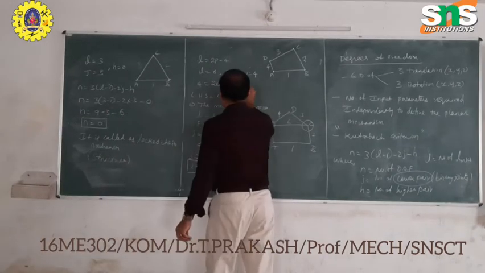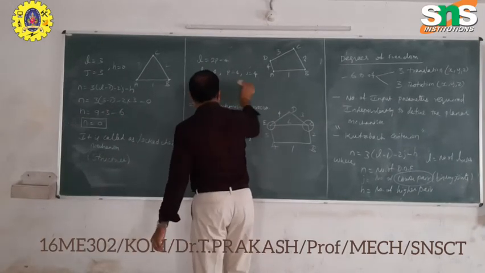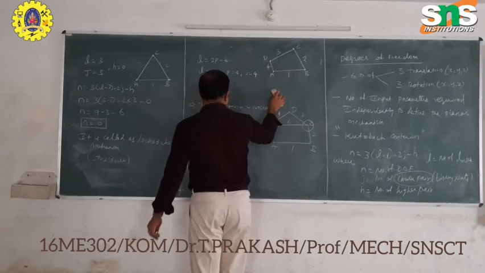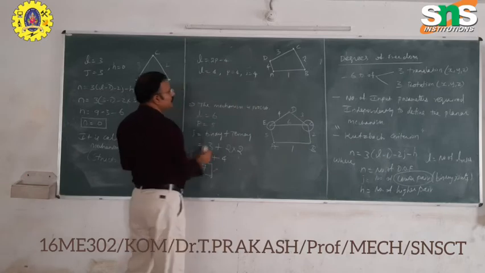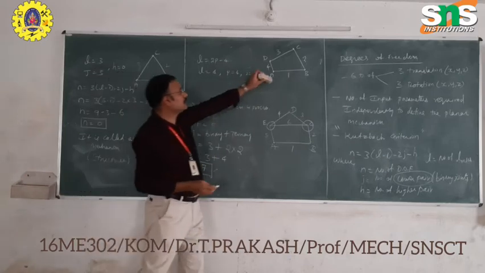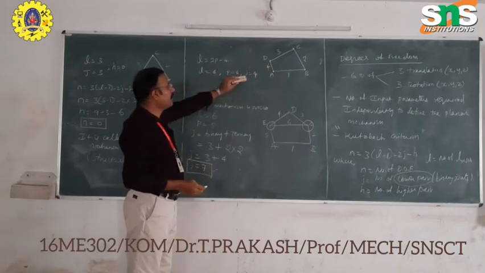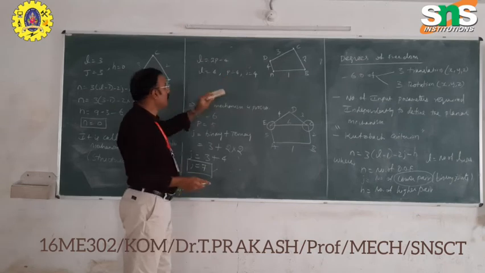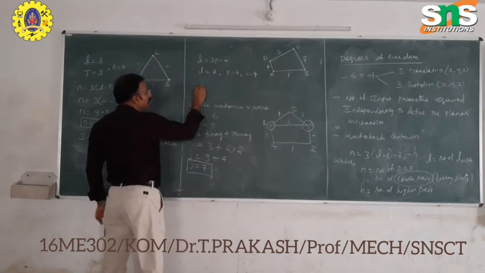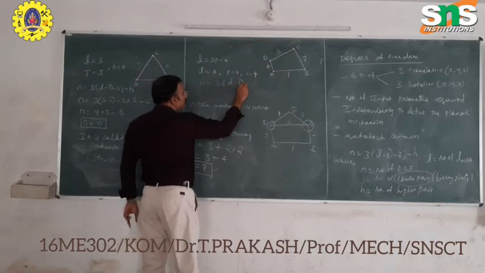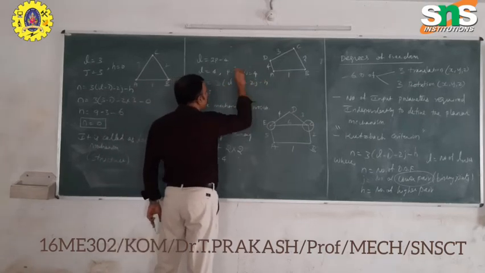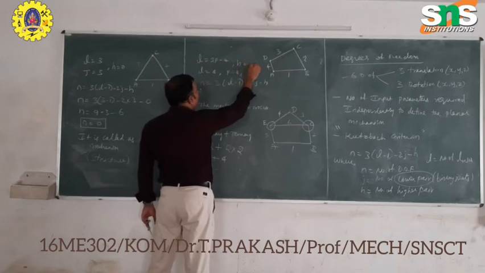Now next, using the same procedure and the same formula, we can find the degree of freedom for this also. All the joints are binary joints. The number of joints is 4. The number of links is 4. You find the degree of freedom here: n equal to 3 into (L minus 1) minus 2j minus h. h equal to 0, there is no higher pair.